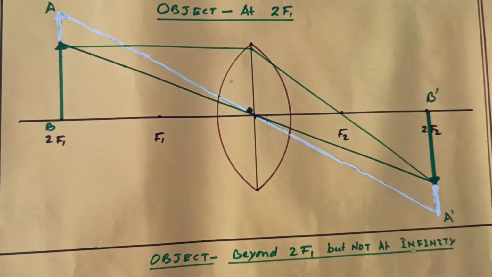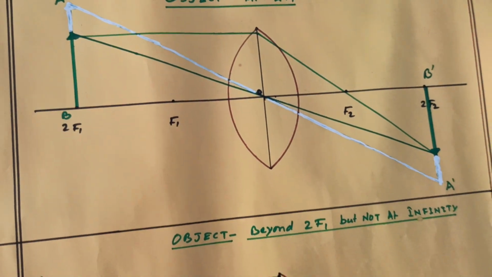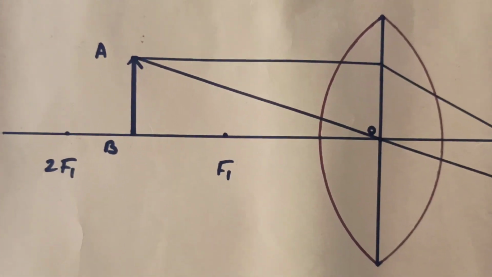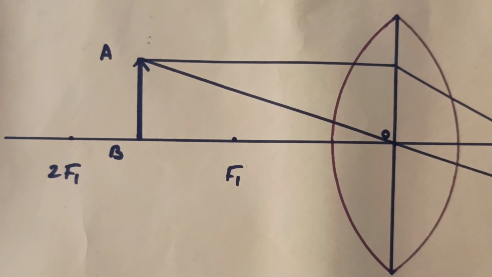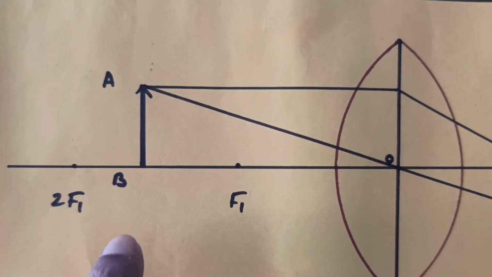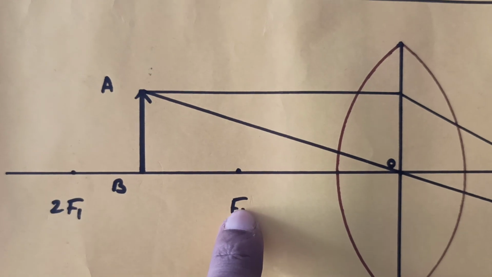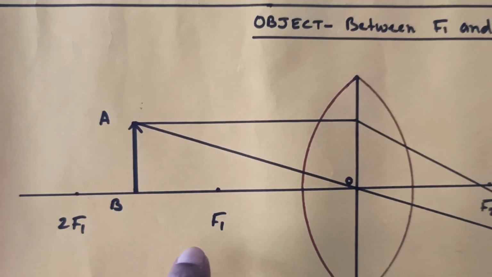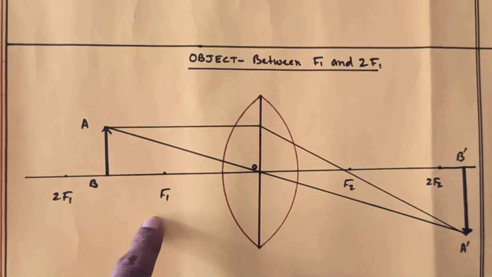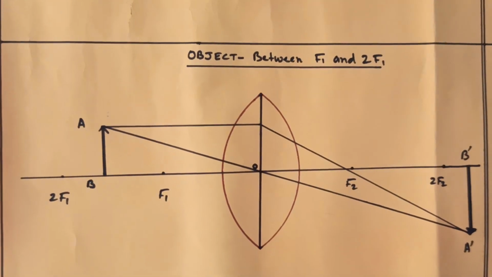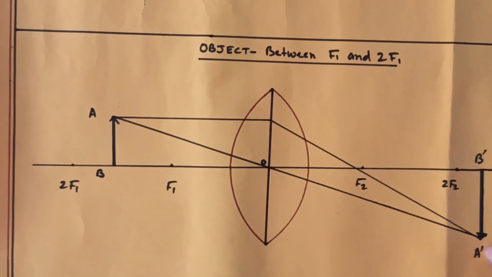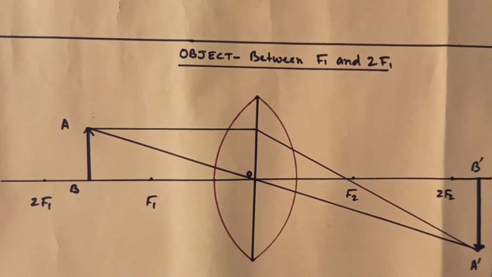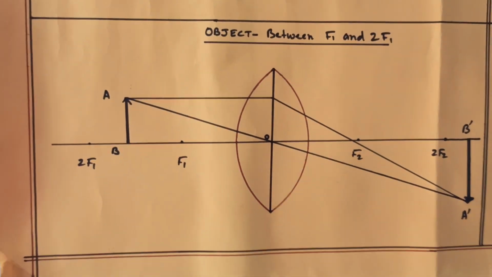Now we'll move to the fourth point, where the object is placed between 2F1 and F1. You can see the image is formed here, that means beyond 2F2, but not at infinity.